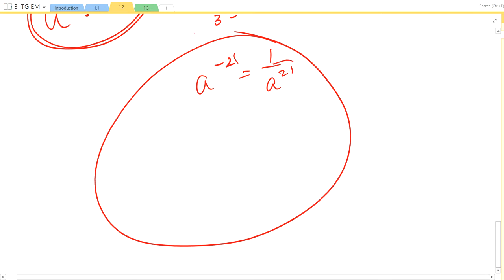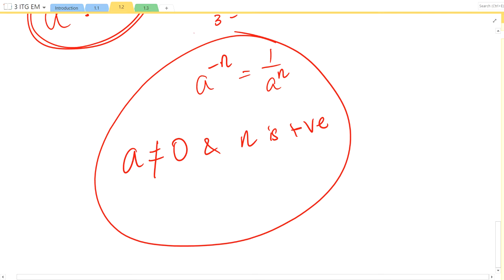Easy or not? Because of the same logic, you can do the cancelling if you like. You realize that, hey, actually, this is our summary. A power negative n equals 1 over a power n, regardless of the value of a, regardless of the value of n. But there's a condition. A cannot be equal to 0, as well as n is positive. Why a cannot be 0?